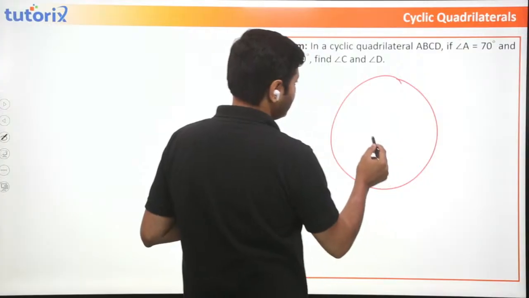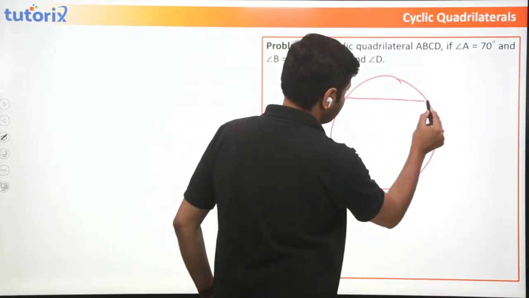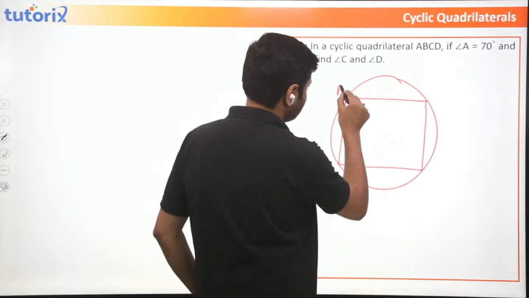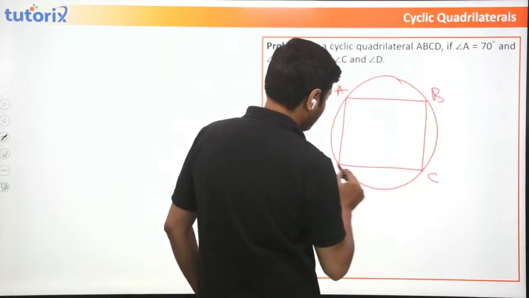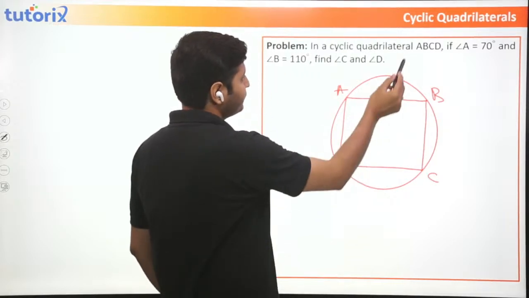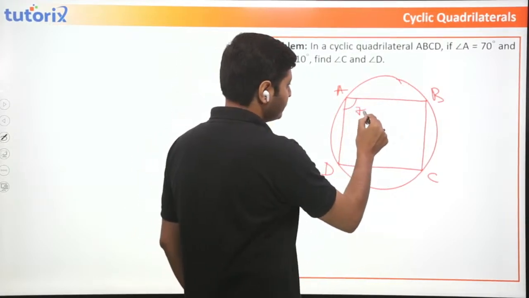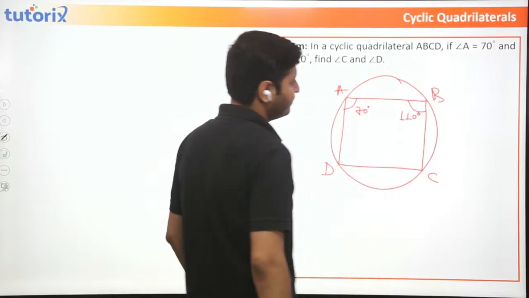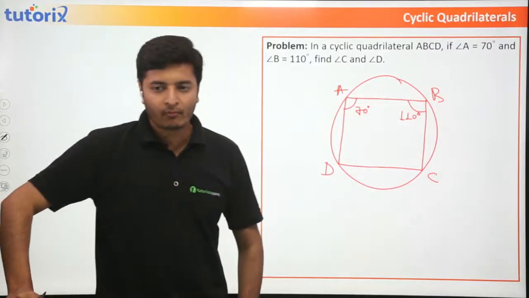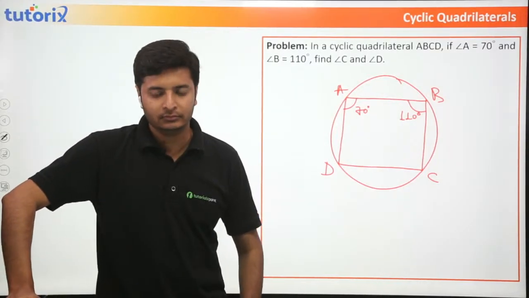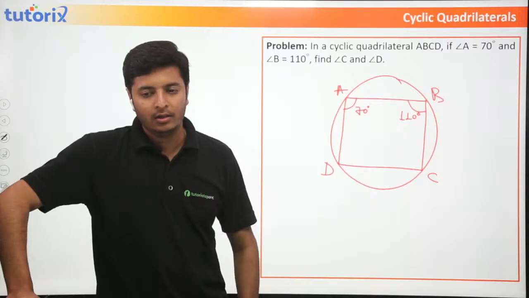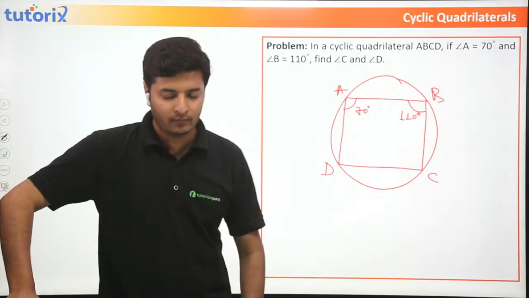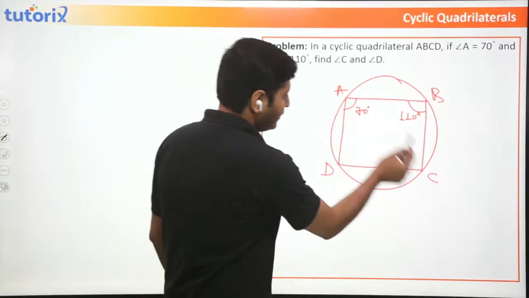First, I'm gonna create an image. Right? Angle A, angle B. The sum of opposite angles is always 180 degrees.